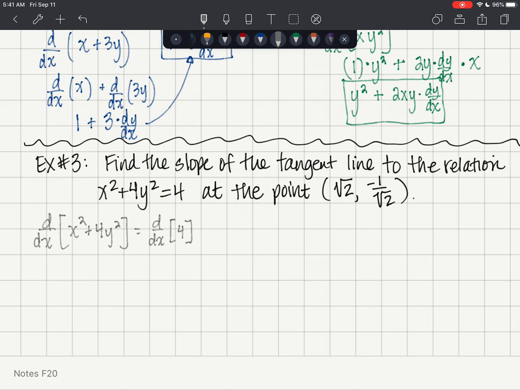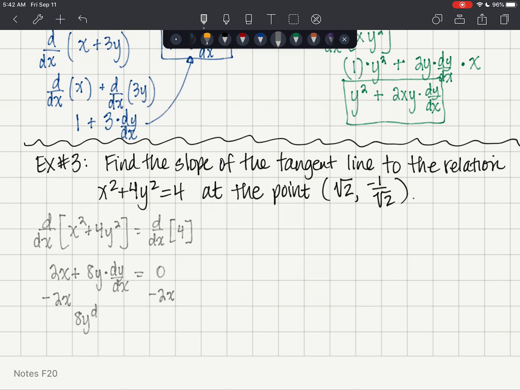The derivative of the left side with respect to x is 2x plus, and then the derivative of 4y squared with respect to x is 8y times dy/dx. And the derivative of 4, we know, the derivative of any constant is 0. I'm going to subtract 2x from both sides.